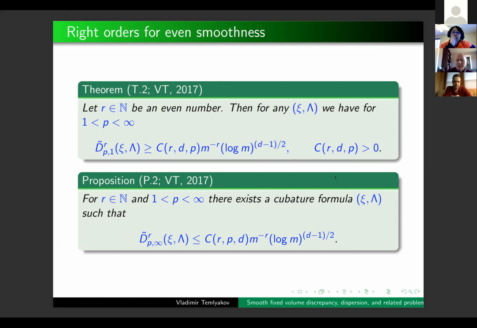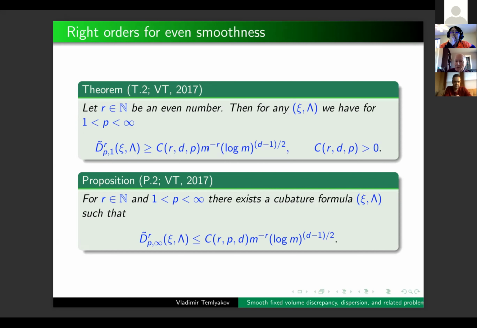In all these results, we don't care about the dependence on D. I know that later we will see today results which are concerned about both dependence on D and M, but in these results, we don't care about that. We just fix D and we are interested in this. This is more like the standard approach from the beginning of last century till now.